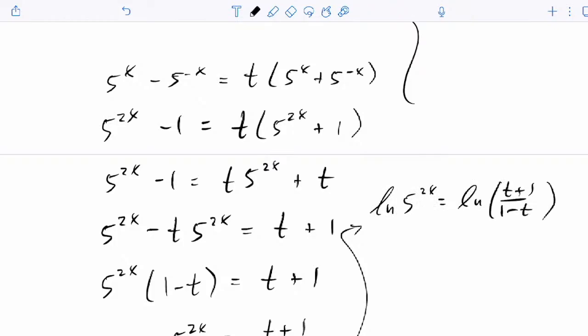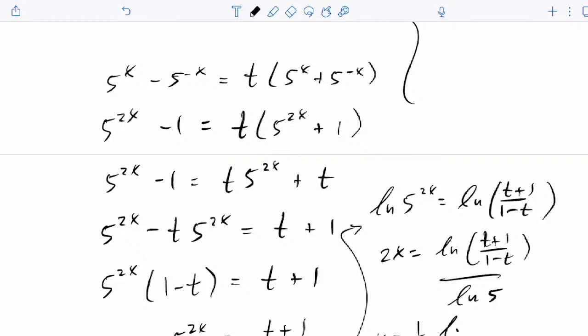You can drop down the 2x over the ln of 5, and then divide by 2. So you're going to get 1/2 the ln of t plus 1 over 1 minus t over ln 5. And that's your final messy answer.